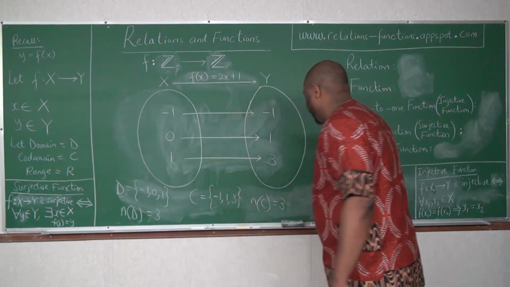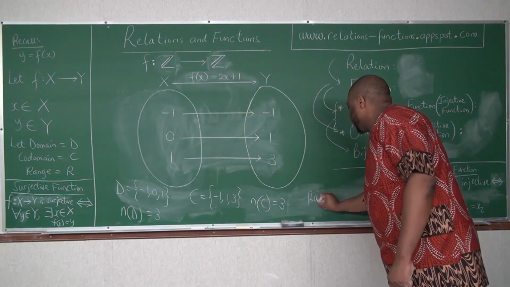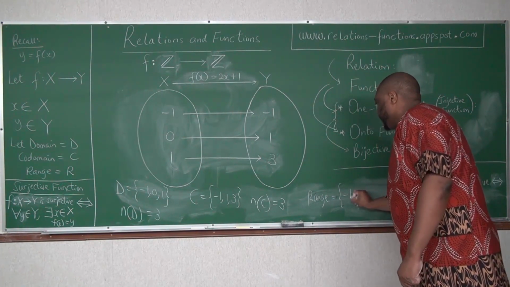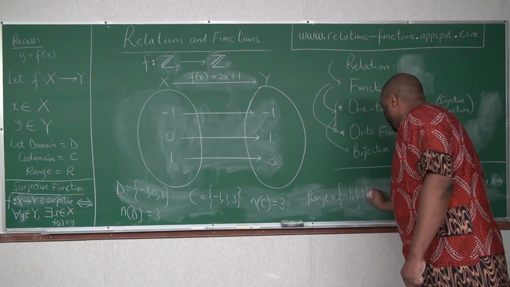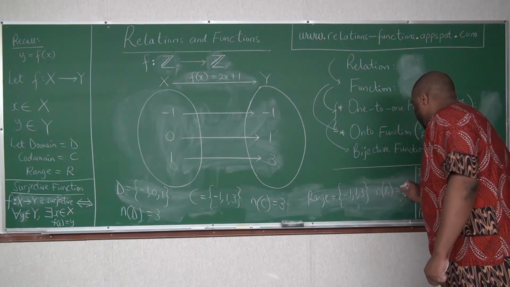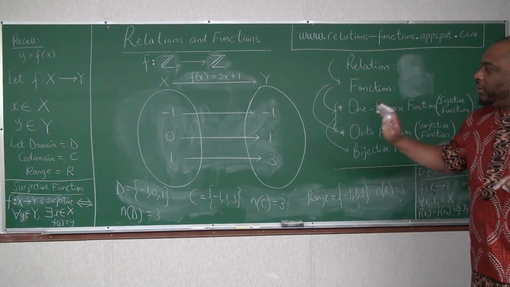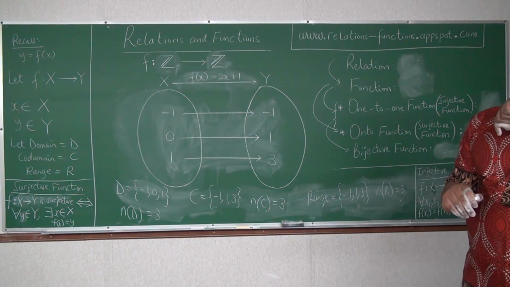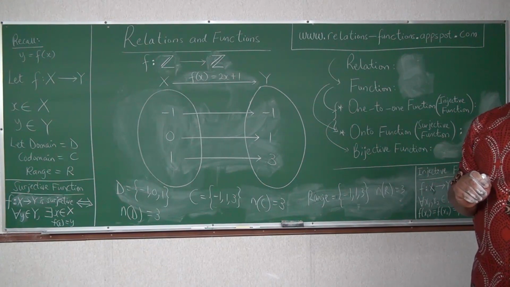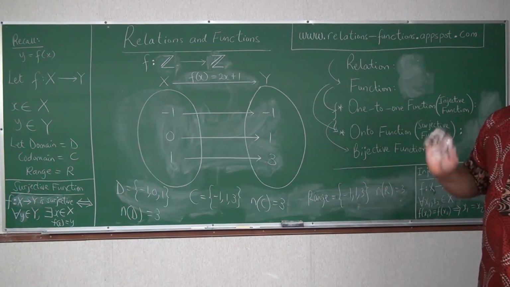The range is -1, 1, 3. The cardinality of the range is 3. Okay, look at this here. Is this a relation first?